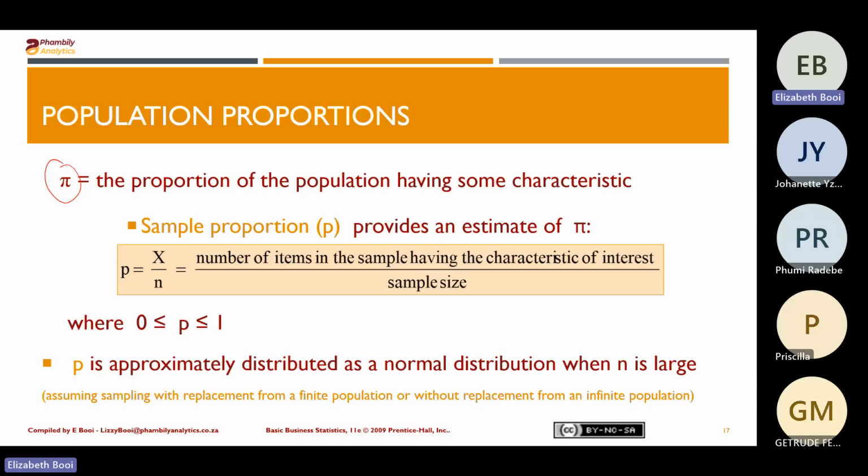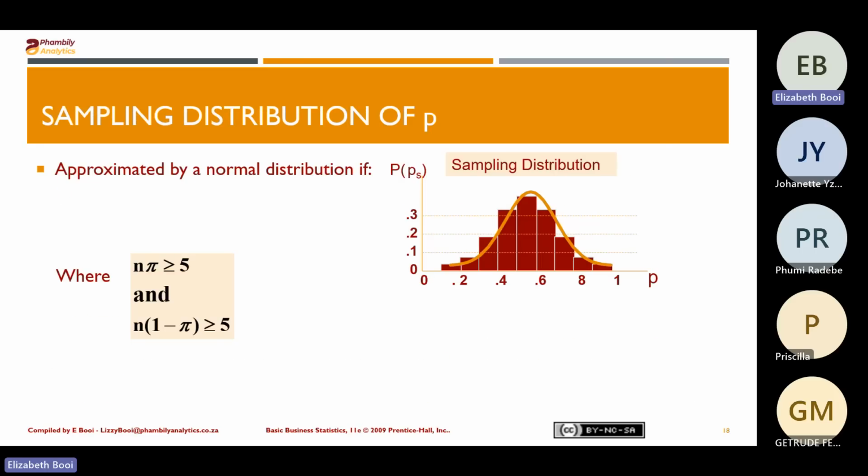And we can make these assumptions with replacement or without replacement when you are selecting those samples. So the sampling distribution for the proportion is still the same.